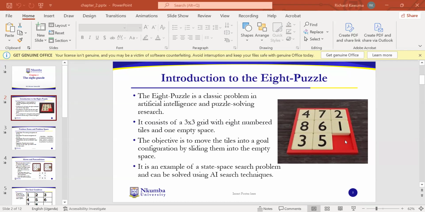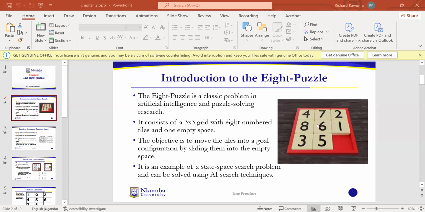So it consists of a 3x3 grid with 8 numbered tiles and 1 empty space, as you see. The objective is to move the tiles into a goal configuration by sliding them into the empty space. So we have a present state and a goal state.